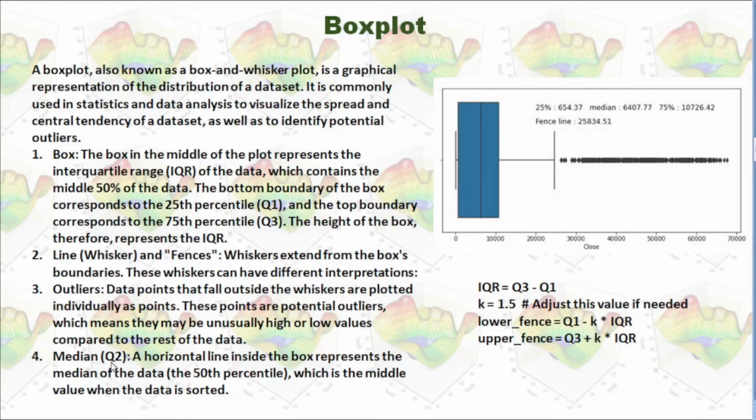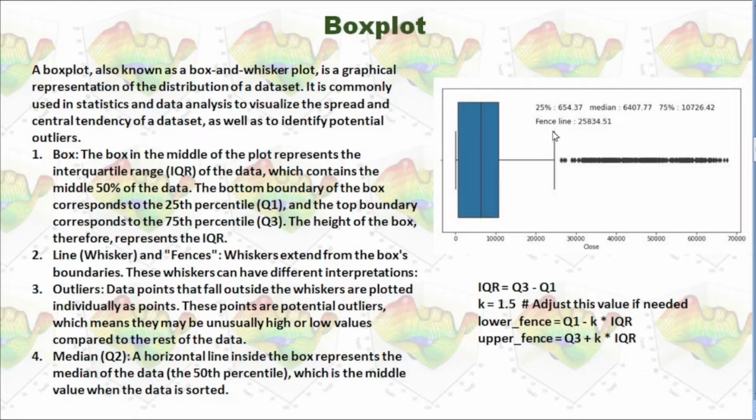This is the median, Q2. That means this is the 50th percentile. And for this 25th percentile, we call it Q1. And for this 75th percentile, we call it Q3.